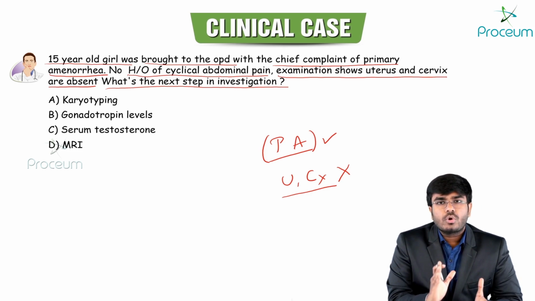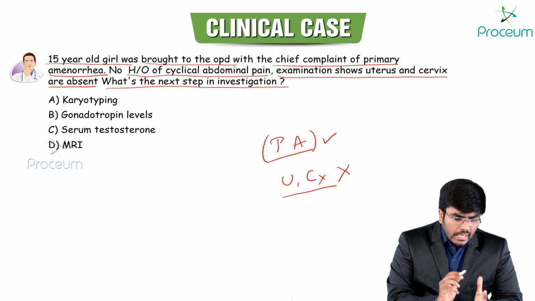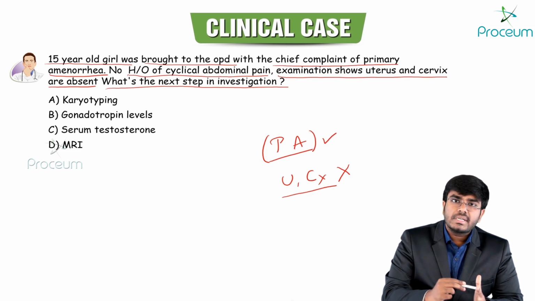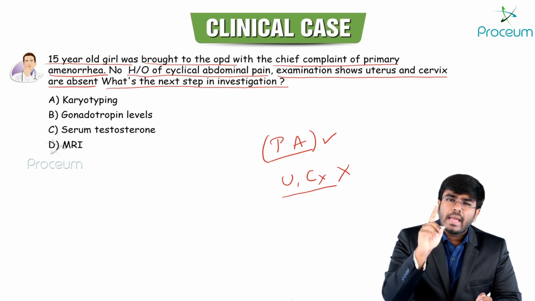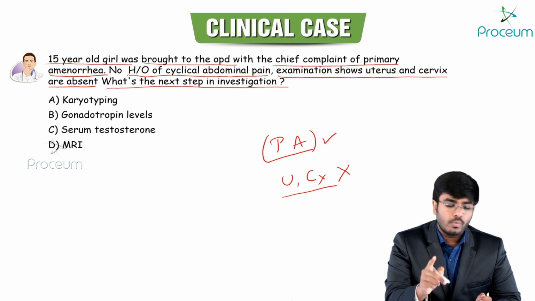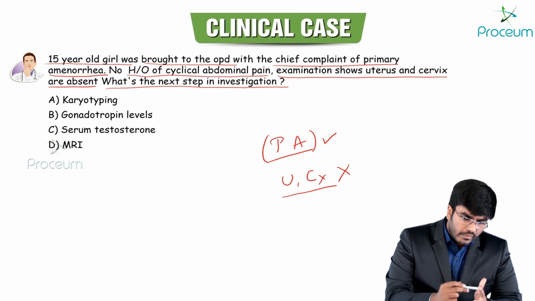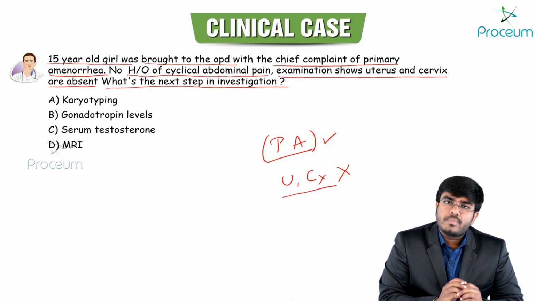If you do ultrasonography, uterus, cervix, upper two-thirds of vagina, fallopian tube, all these structures are absent in Mullerian agenesis too. But also in androgen insensitivity syndrome, uterus, cervix and upper two-thirds of vagina are also absent.